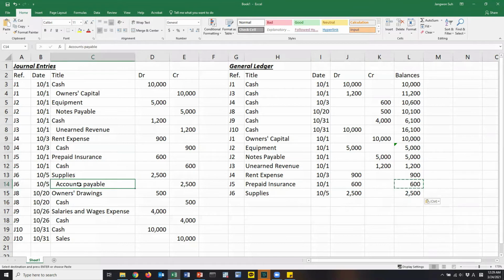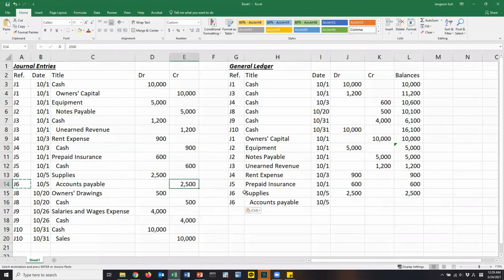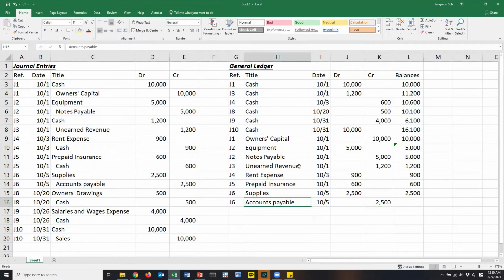And then accounts payable, date J6, 2500, right? 2500. Okay, it is a liability item, so I will copy and paste liability items formula here.